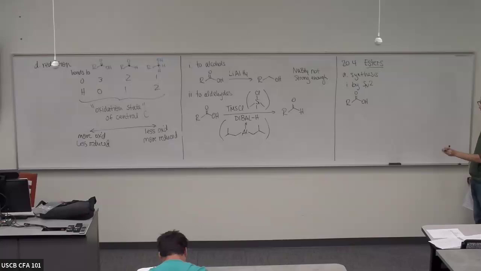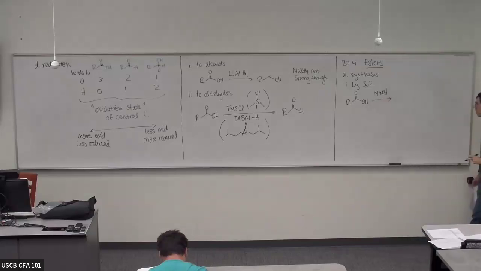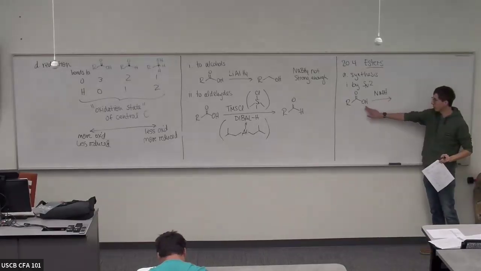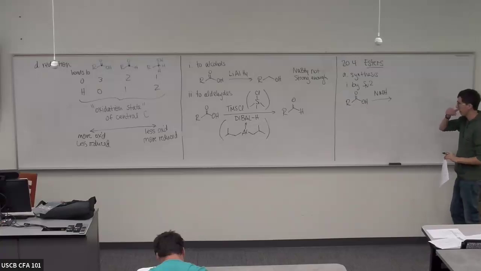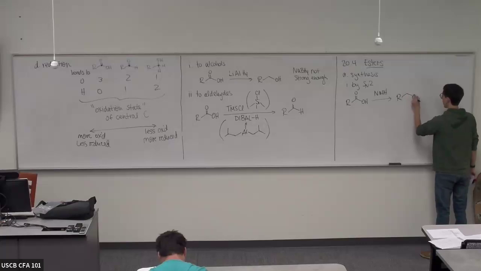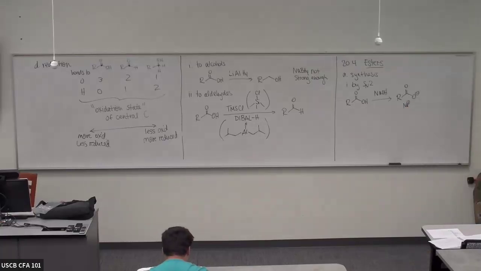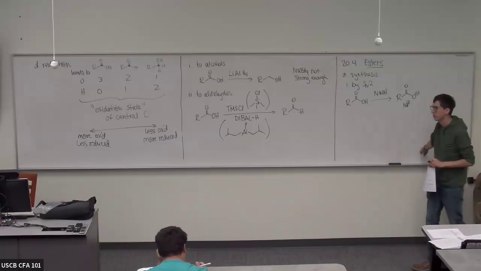And if we treat a carboxylic acid with a base, like sodium hydroxide, we're just going to deprotonate the acid and make the carboxylate salt that we saw this morning. And now we have a relatively good nucleophile.